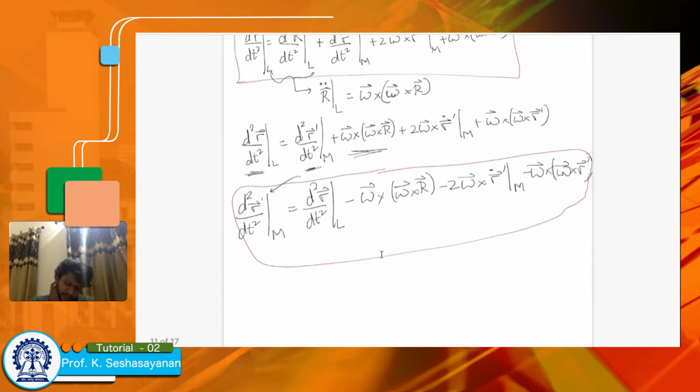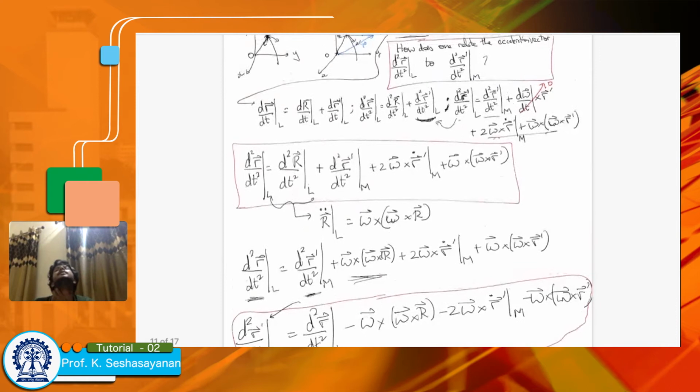So this is the expression which was asked. How do you relate the accelerations in the two frames of reference? And this is what we get.